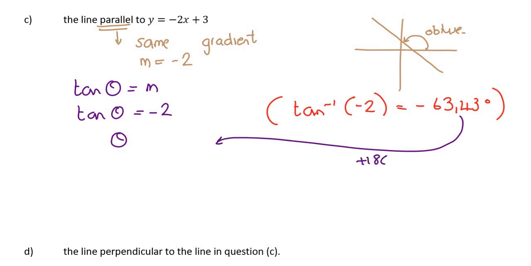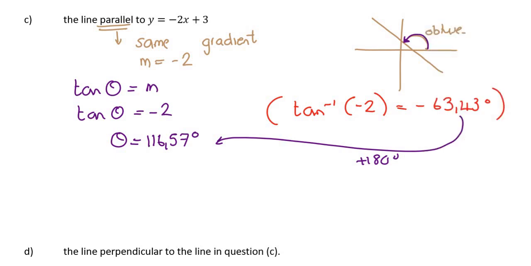I add 180 degrees, because it simply means it's found the other solution to the equation. So actually theta is 116,57, which makes sense because my angle of inclination had to be obtuse. So, good one to discuss there. Don't forget that if you get a negative angle, just add 180.